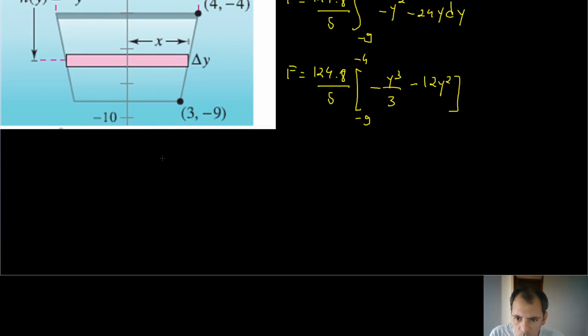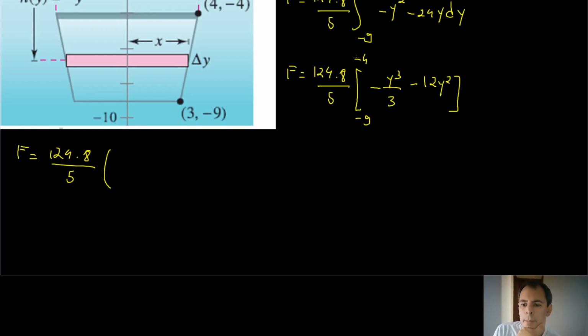So guys, I'm going to give you the straight answer, okay? Well, maybe I shouldn't do that. Well, I'm going to set it up. So the force equals 124.8 divided by 5, and then you go times. First you put the -4.